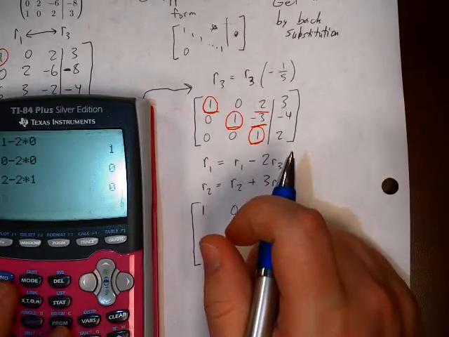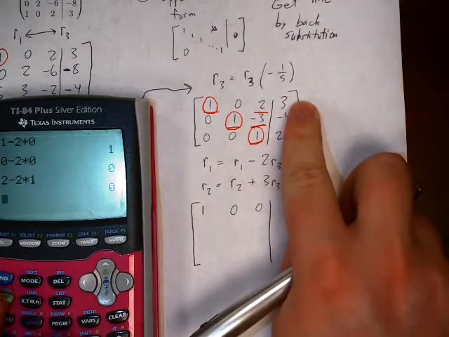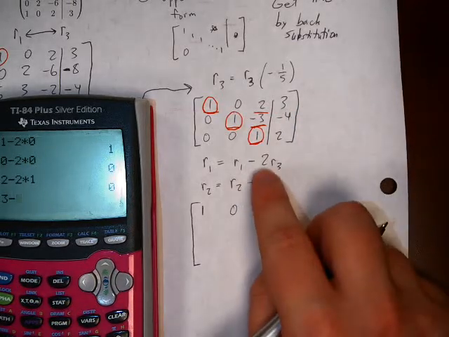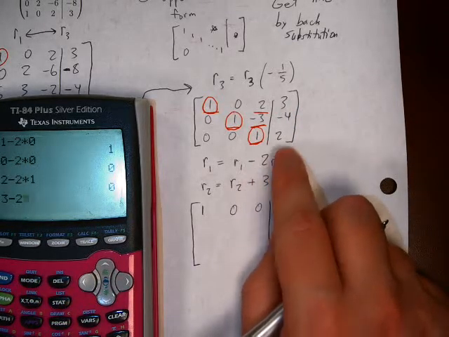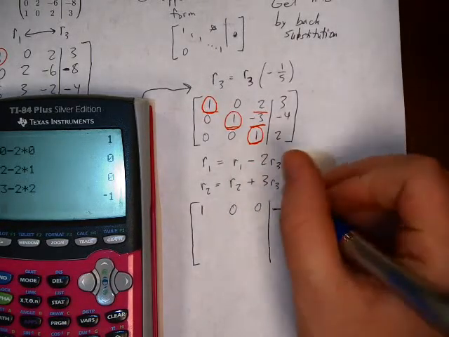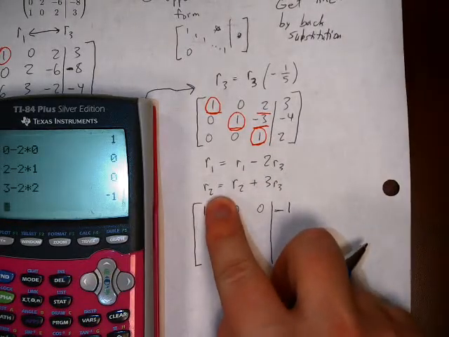The glare from the calculator's catching us there. And the next entry will be 3 minus 2 times 2. And so that'll give us negative 1. Now we said we also wanted to change row 2.